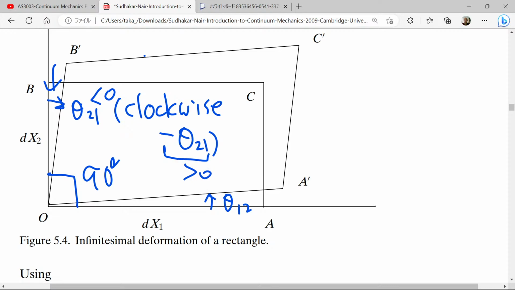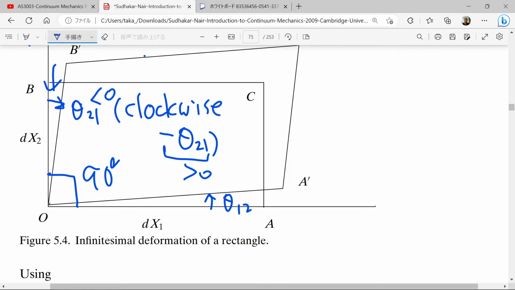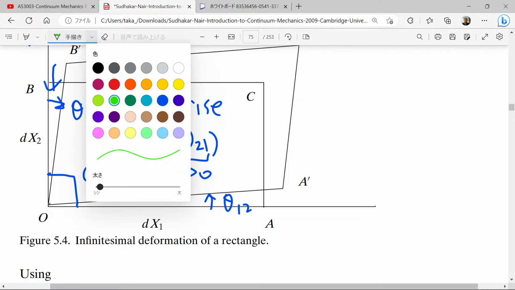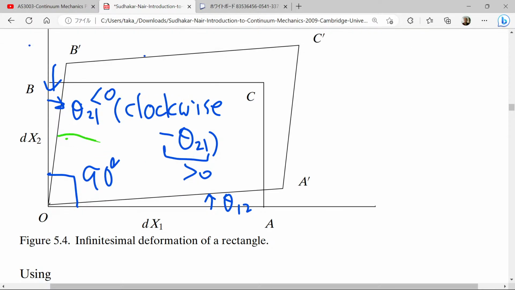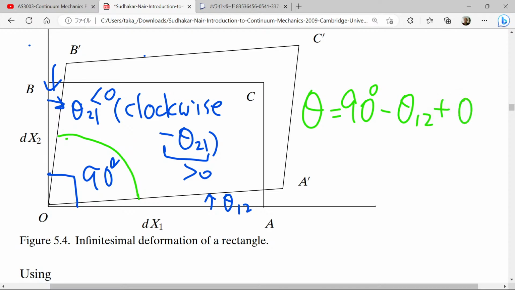So this new shear angle, this angle, the green angle, is 90 degrees minus theta 1, 2 plus theta 2, 1.